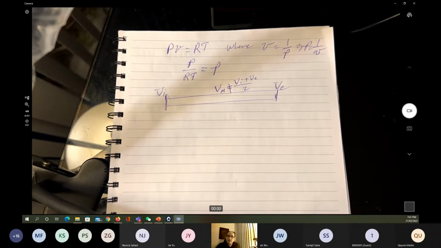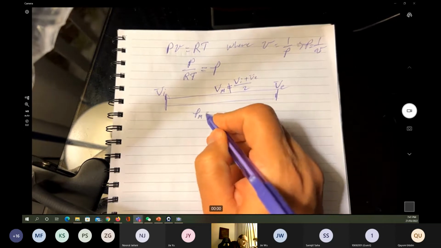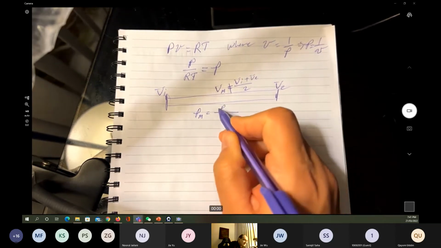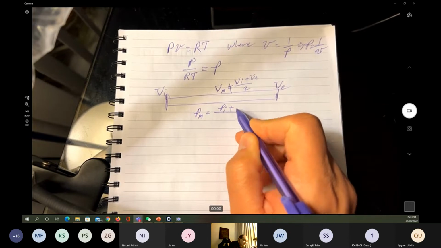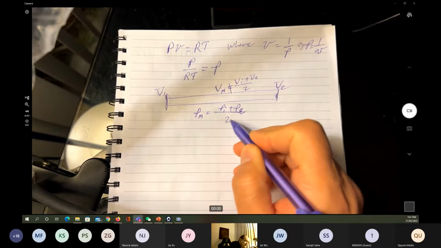It's not. But the average density is. So the density mean is going to be equal to the density at the inlet plus the density at the outlet, or the exit, divided by 2.